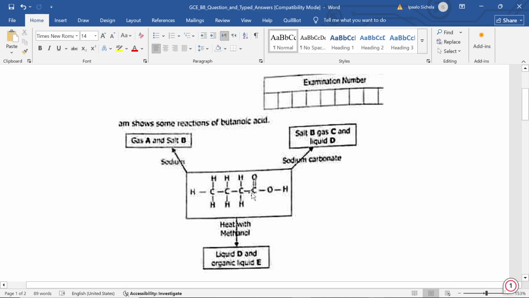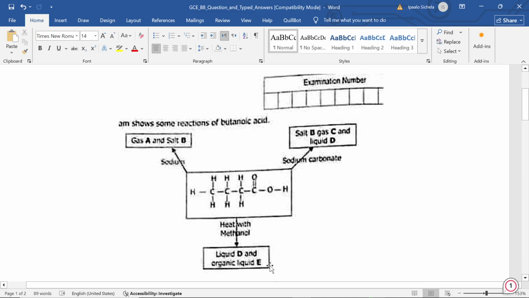So liquid D is water, while the organic liquid E is an ester.